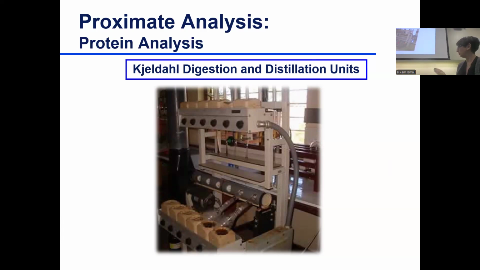And then after you digest, there are the top chambers where you do the distillation after you add your water and NaOH. And then at the bottom, you have tubes where you put the boric acid flask in the back and you collect the ammonia. Now, it looks really shady.